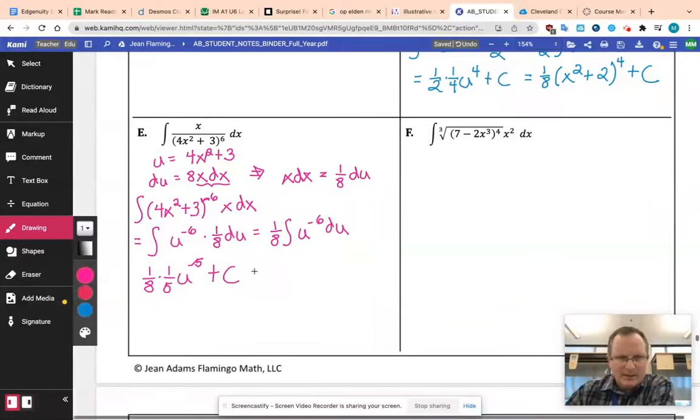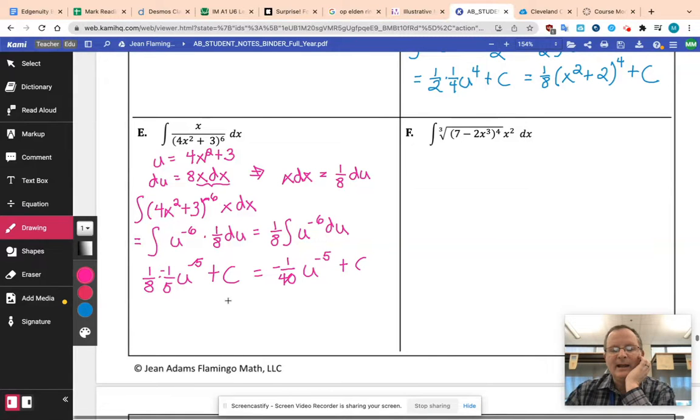And that's a negative. So this is equal to negative 1/40 u to the negative 5 plus c.